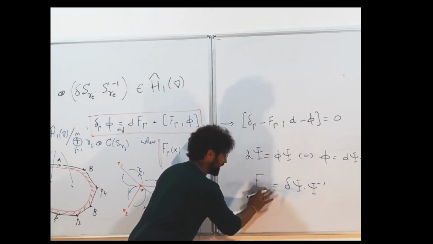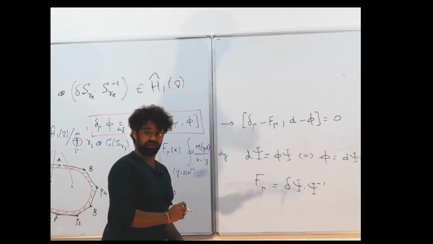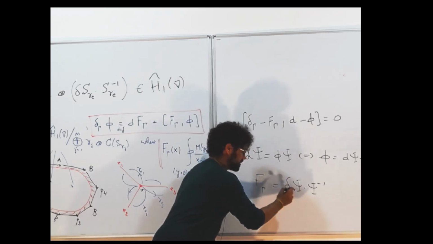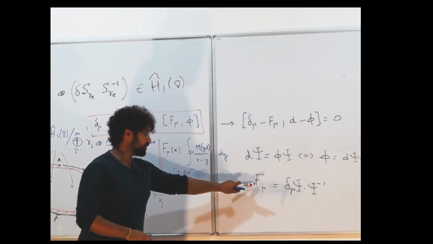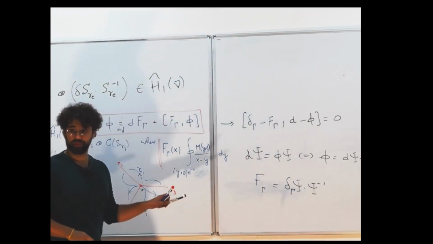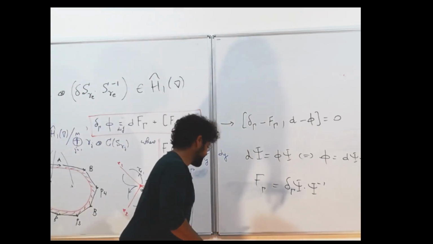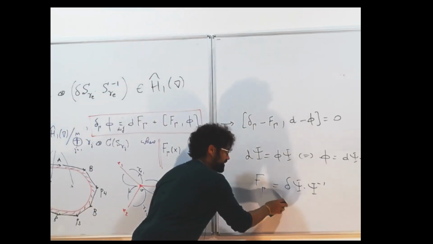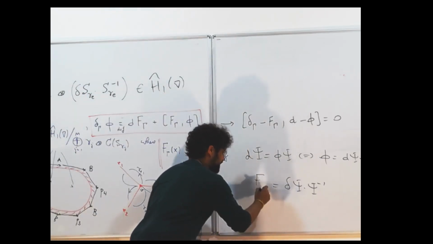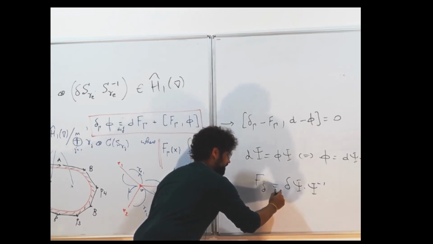Okay, so f gamma should be related to psi in such a way. Okay? All right, so if you do this for any deformation, right? So let's define f delta in such a way.